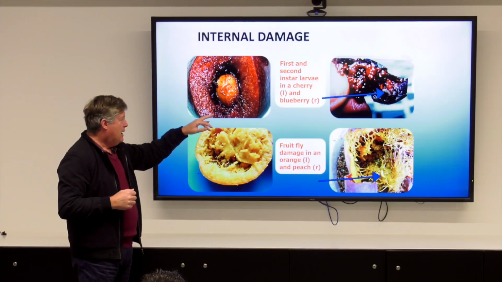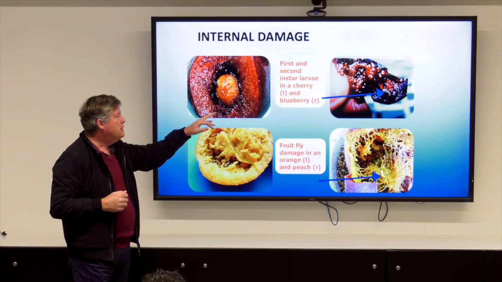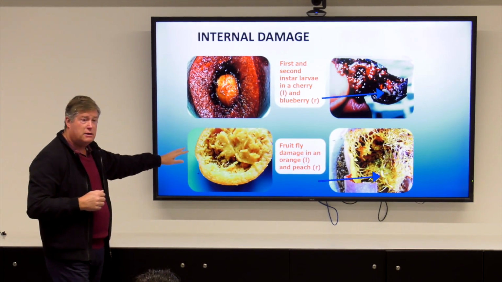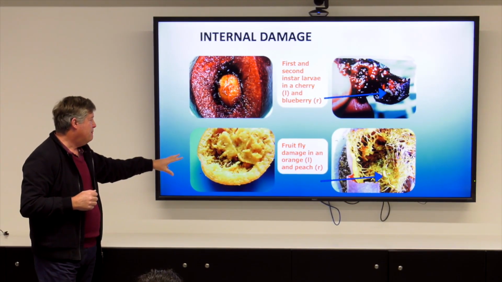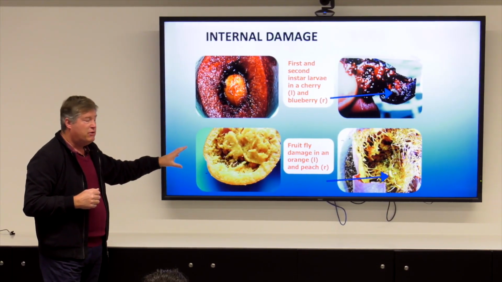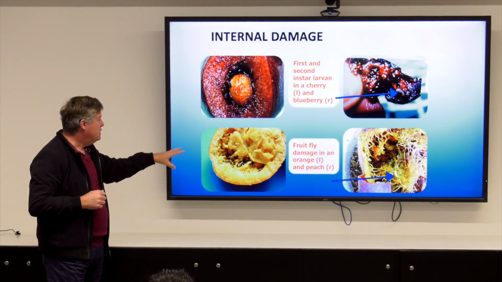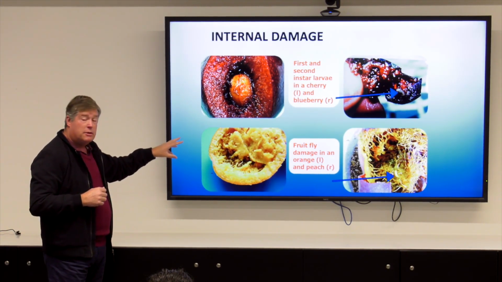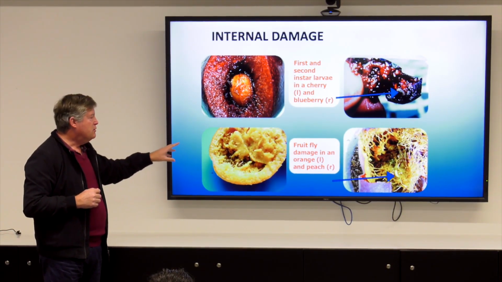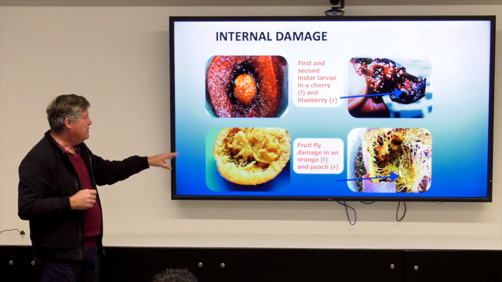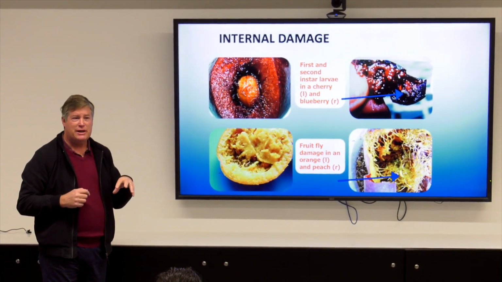Blueberries are a poor host, but can be infested. Oranges, again, not the best host, but thinner skin varieties, particularly mandarins and so forth, can be heavily infested. The Meyer lemon, the thin-skinned or the lemonade lemons, are also highly attractive to fruit fly, although the Eurekas and Lisbons less so.